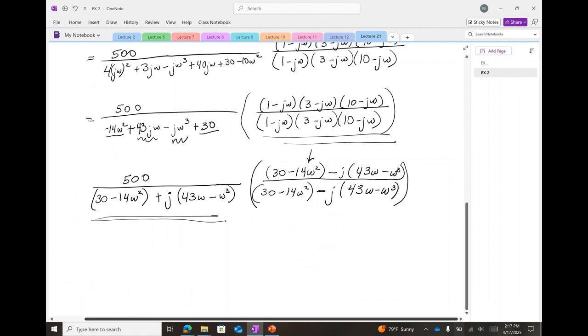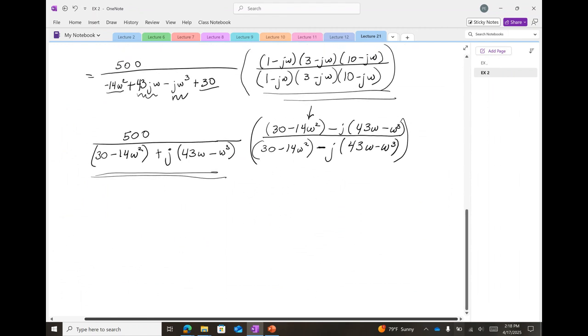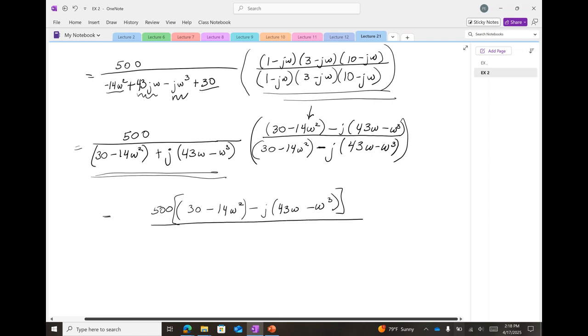Okay, so we are going to multiply the top. So we get 500 times (30 minus 14 omega squared) minus j times (43 omega minus omega cubed), divided by, now the nice thing about multiplying by the complex conjugate is the imaginary part will cancel.